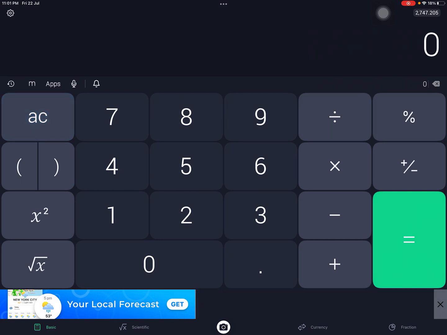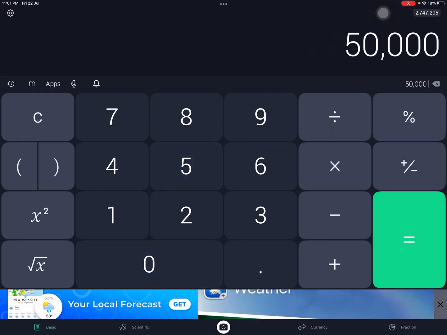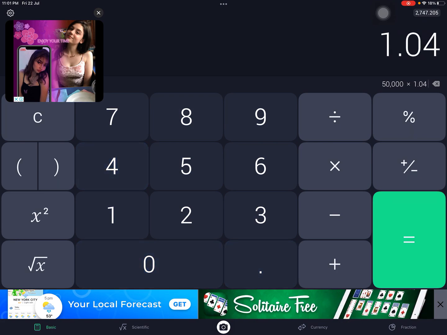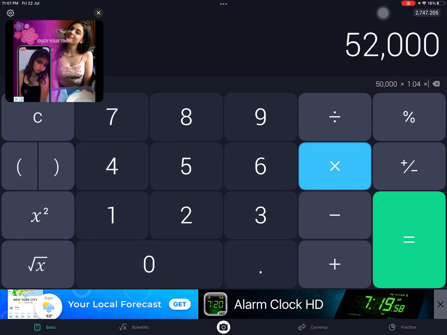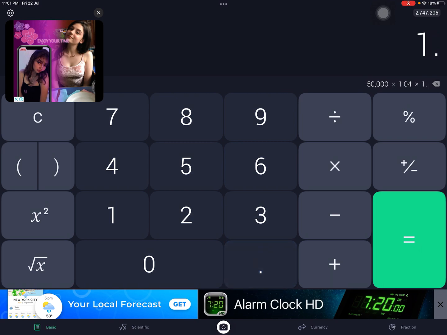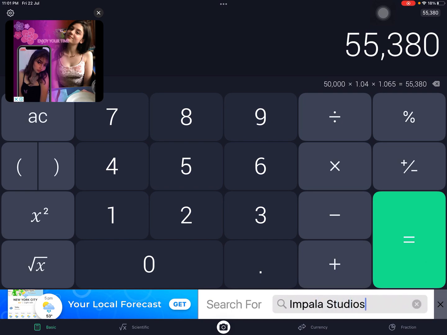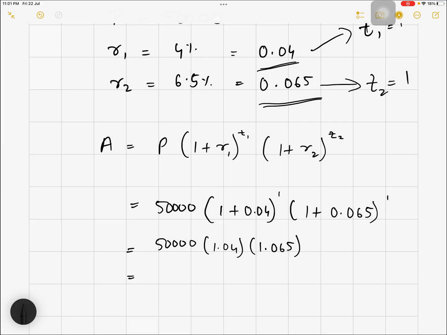Let's calculate this. 50,000 into 1.04 into 1.065 comes to 55,380.